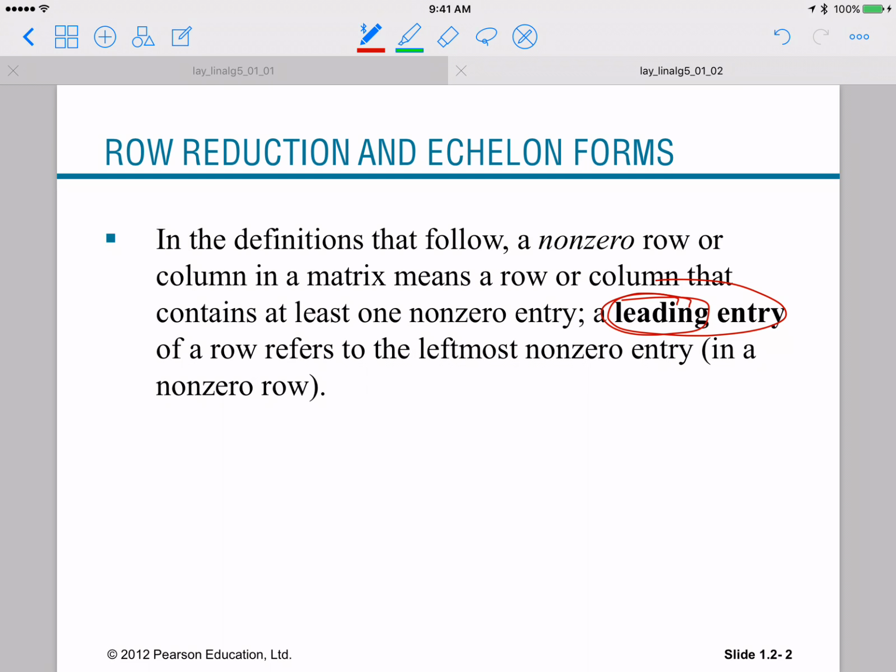Again, it's the first non-zero value, but it could be in terms of its row or in terms of a column, right? So we have a horizontal or vertical axis, because we have a staircase of moving down or to the right. But this leading entry is defined per row.